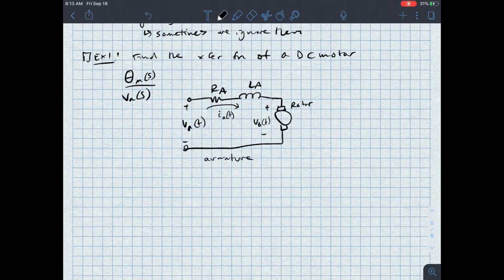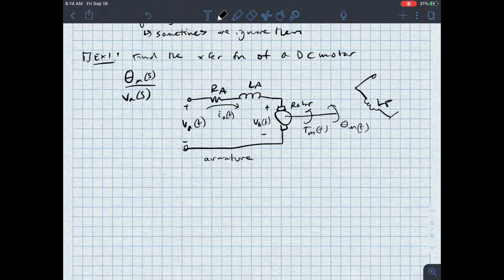The rotor possesses some mechanical parameters. It has a torque, which I'll call Tm of T, and it has theta, which is an angular displacement, theta m of T. And then there's also field windings for this motor. So we represent that using an inductor, LF.